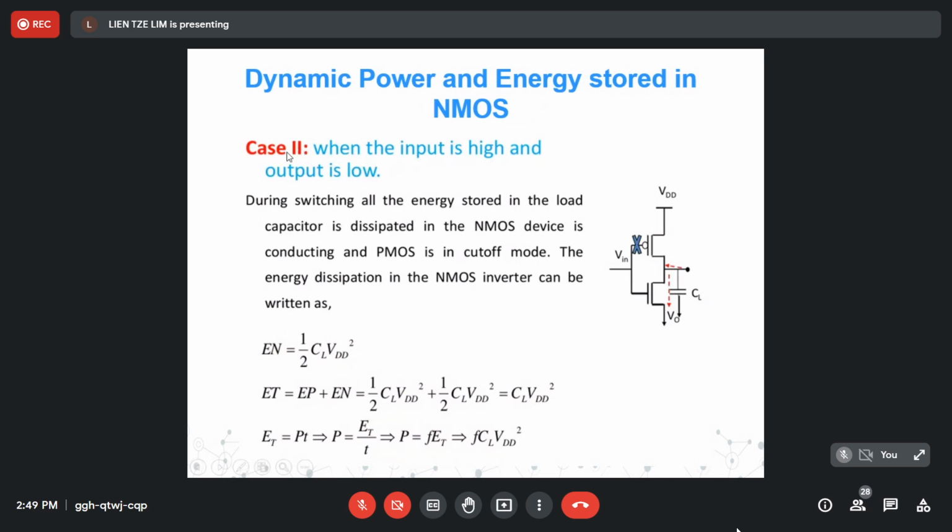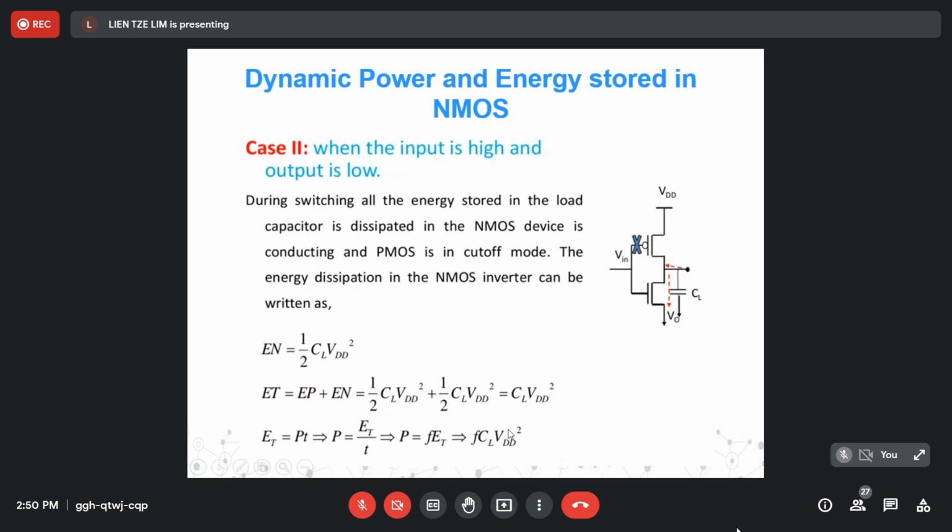Case 2 is when the input is high and the output is low. This power dissipation occurs in the NMOS. During switching, all the energy stored in the load capacitance is dissipated in the NMOS device, which is conducting while the PMOS is in cutoff mode. The energy dissipation in the NMOS inverter can be written as ET equals F CL VDD square.